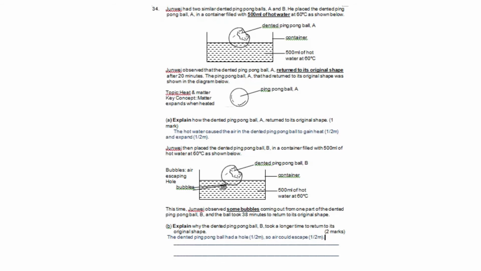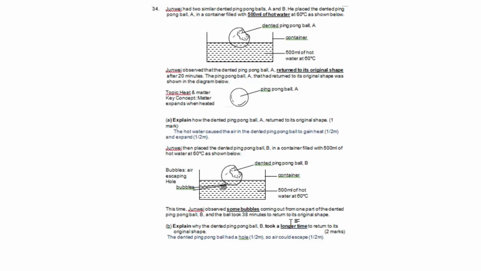Now, the question right now is to explain why it took a longer time for it to return to its original state. Do you see here? Can you see the words longer time? Hey, there is a word here that I'm looking at. Longer. What kind of word is it?